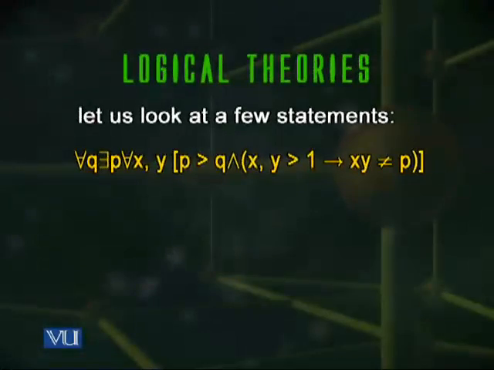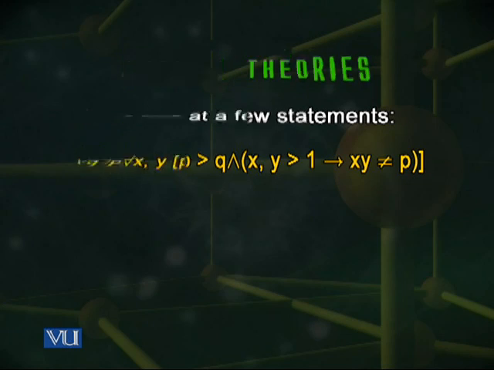Such numbers are called primes, and you must be very familiar with them. So this statement is saying that p is a prime. So let's go back and read this statement carefully again. What it says is, for every q, there is a p such that p is greater than q and p is a prime. So this statement says that there are infinitely many primes.